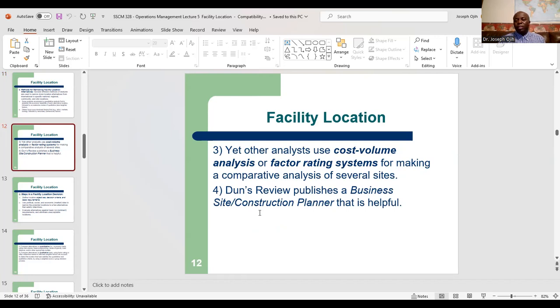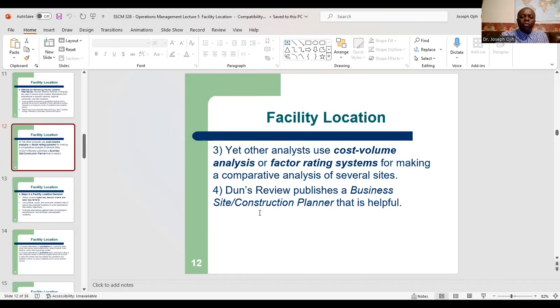Yet other analysis requires that we do some kind of cost volume analysis or factor rating system, and apply those for making a comparative analysis of the several sites where you want to put the location, and then choose the one that would be more suitable in terms of cost, or maybe cost and profit.